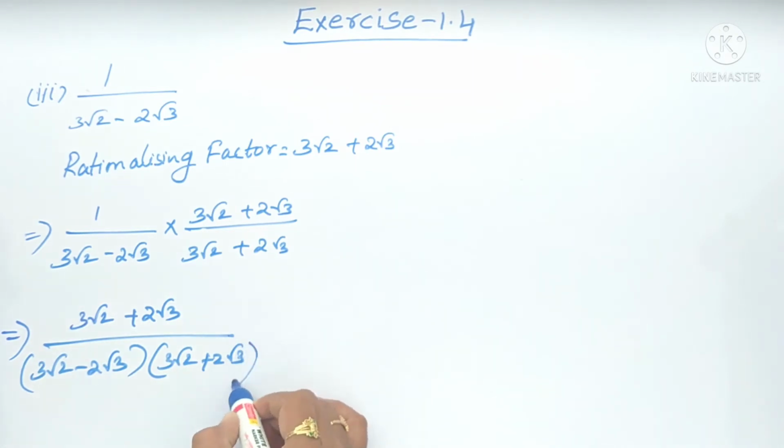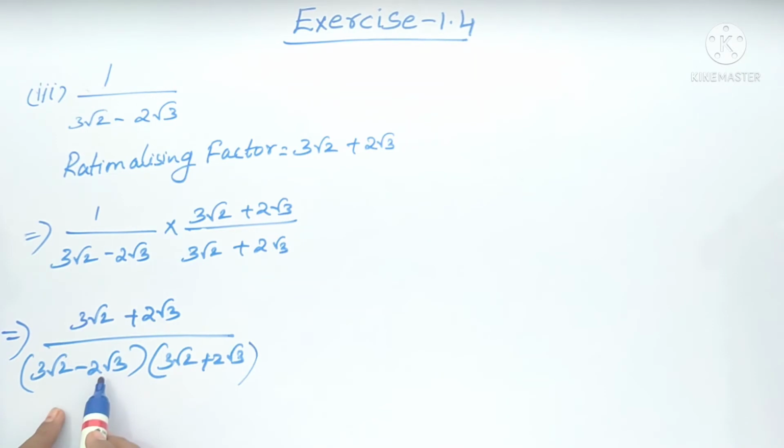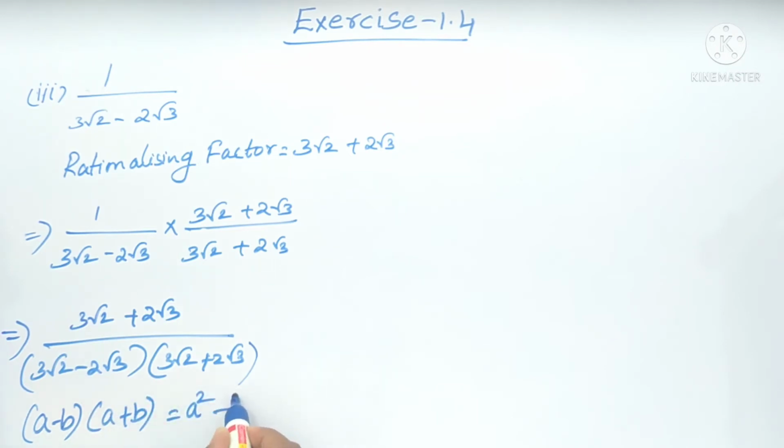So now the denominator is in the form of (a − b) into (a + b). So what's the formula for (a − b) into (a + b)? It is a square minus b square. In the place of a, 3√2 is there, and in the place of b, 2√3 is there.